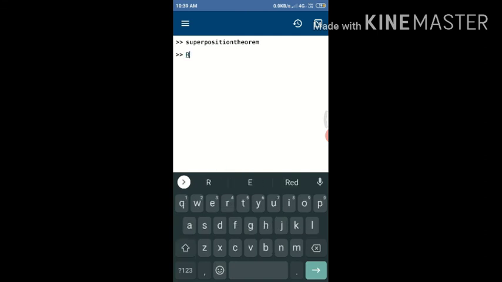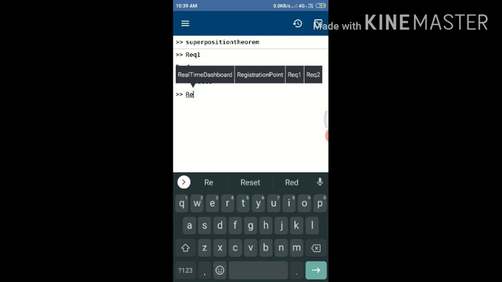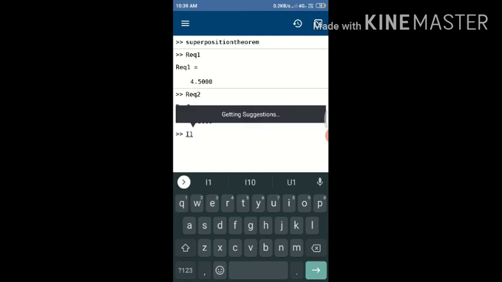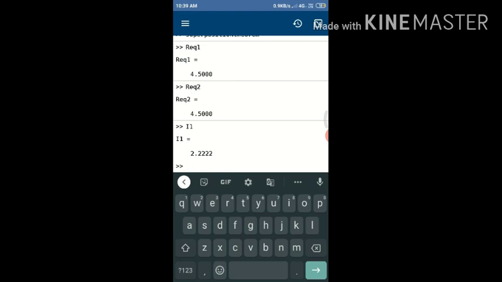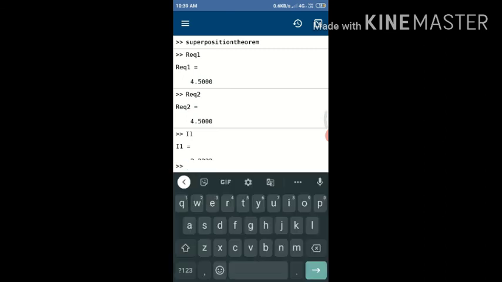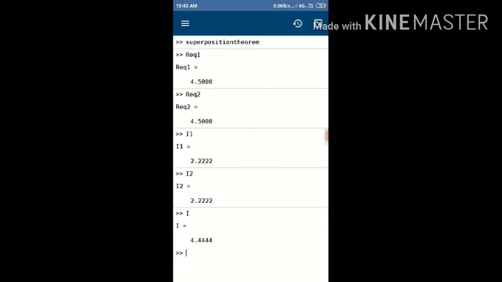Now R equivalent 1 is 4.5 ohms and again R equivalent 2 is 4.5 ohms, and now I1 is 2.2 amperes and again I2 is 2.2 amperes, and total I is 4.44 amperes.